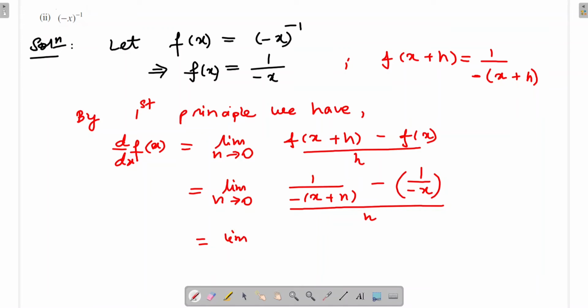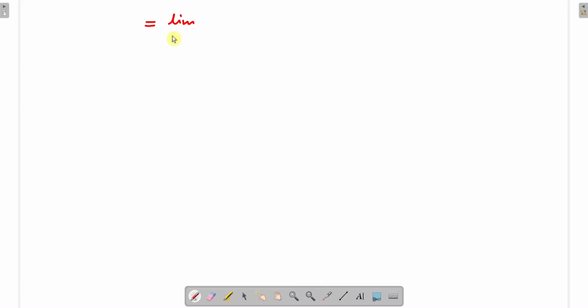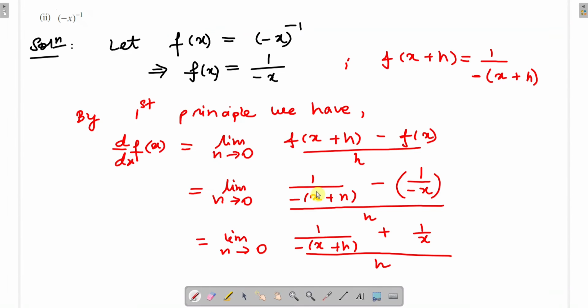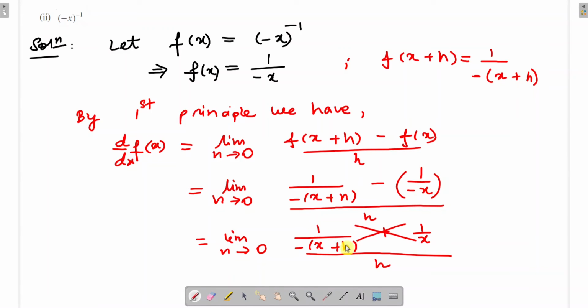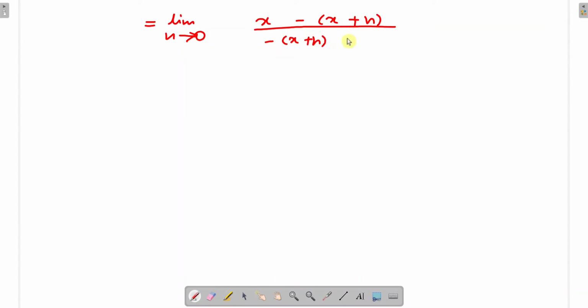This will be equal to limit h tends to 0, 1 by minus of bracket x plus h. Now this minus and that minus will become plus 1 by x, and that is divided by h. So we will have limit h tends to 0, we can cross multiply this, so we will have x minus (x plus h), and that is divided by the product of minus (x plus h) and x, and this whole is divided by h.